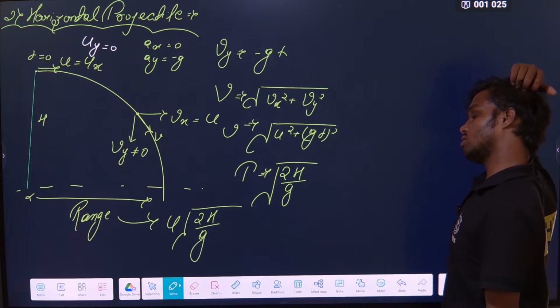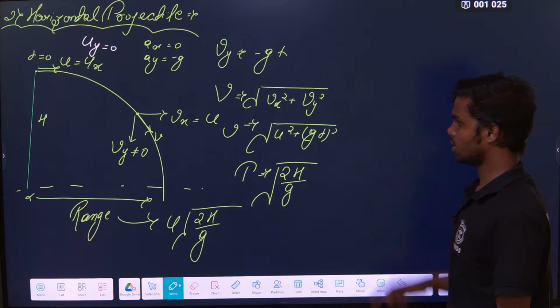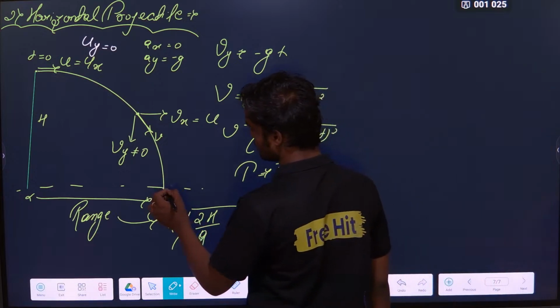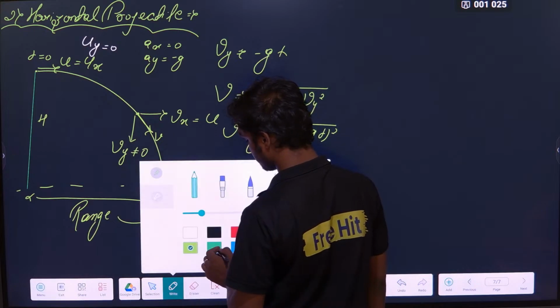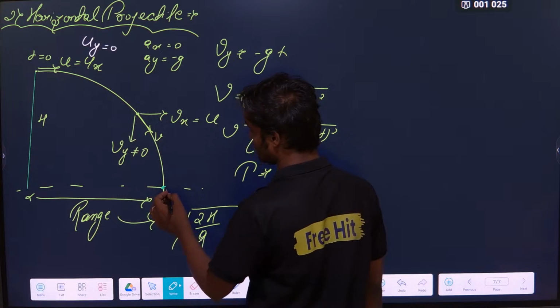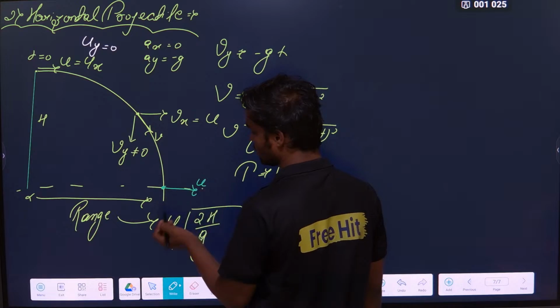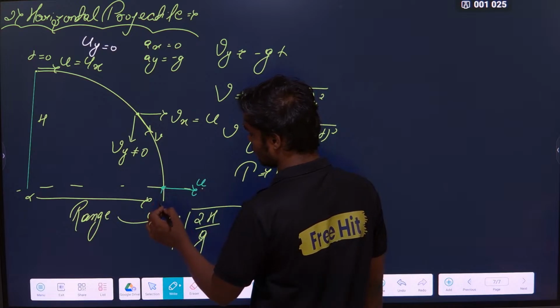Okay, are you getting my point? So these are the things they can ask. Or one more thing they can also ask is, suppose at this point it came and hit the ground, correct? At this point it came and hit the ground. This is u, the horizontal velocity, and the vertical velocity will be something, and this is my net velocity, correct?